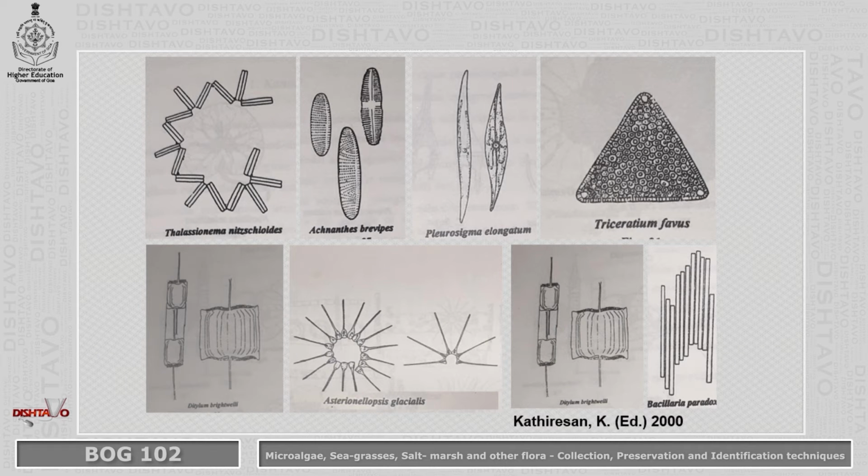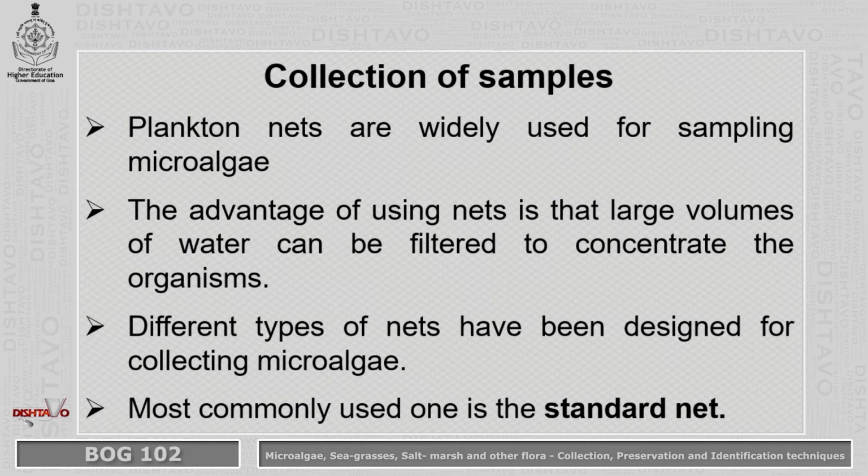These are some of the microalgae, mainly diatoms and thraustochytrids, which are found in mangrove ecosystem. For isolation of microalgae, plankton nets are widely used for sampling.